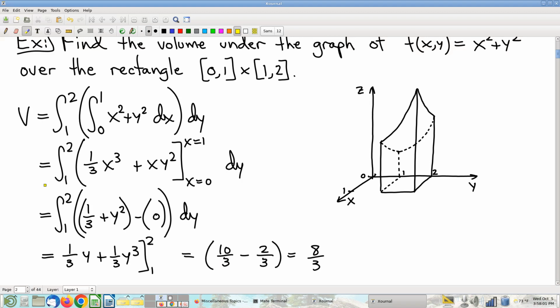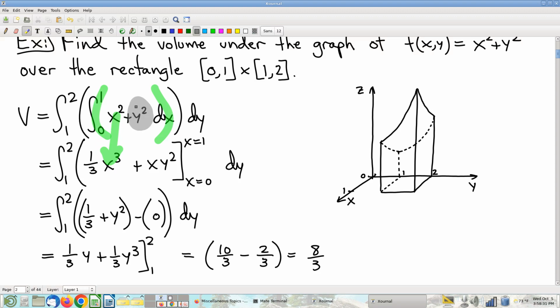First landmine. When you're taking this antiderivative, whoops, let me do this in green. When you're taking the x antiderivative, the antiderivative of x squared is 1/3 x cubed. No problem. I know you all know all of your integration rules. Here's the landmine. A lot of students will forget that y is a constant, and therefore y squared is a constant.